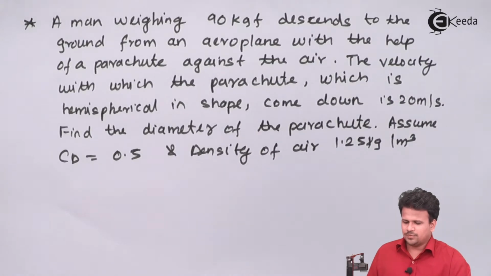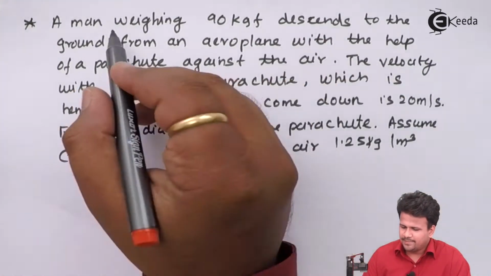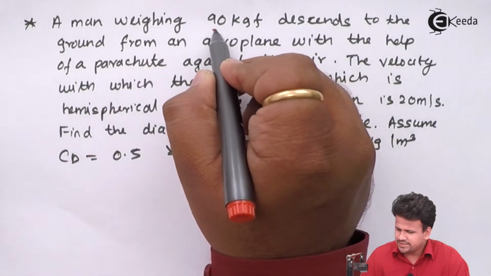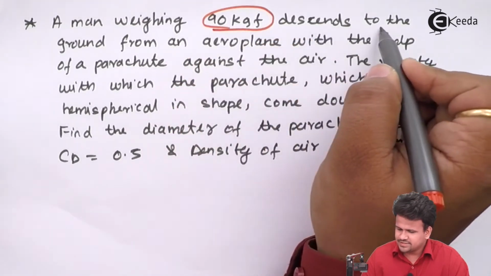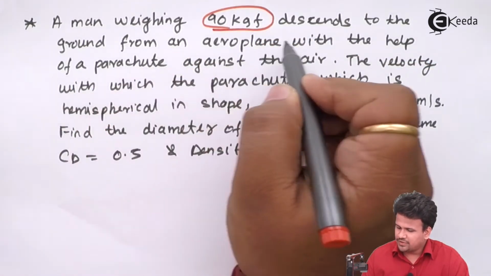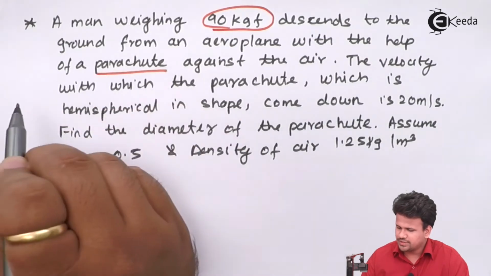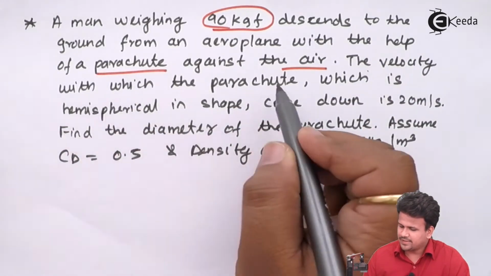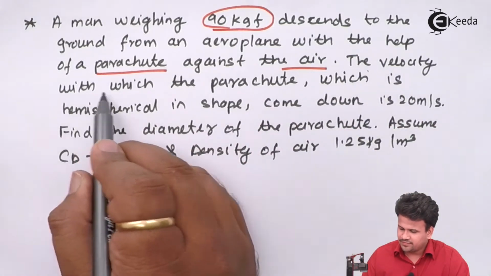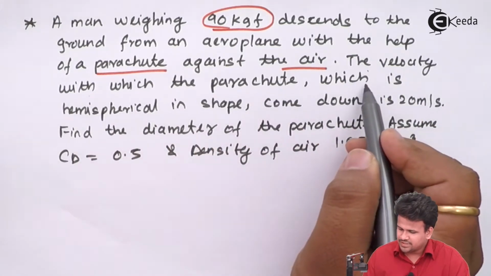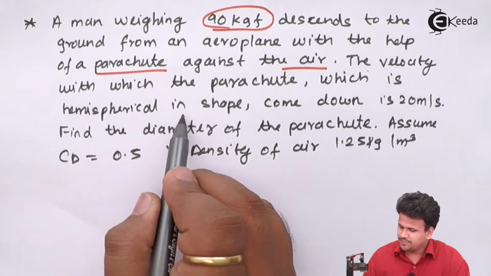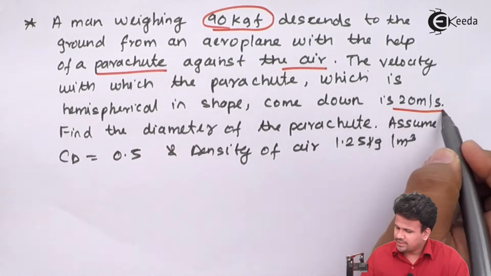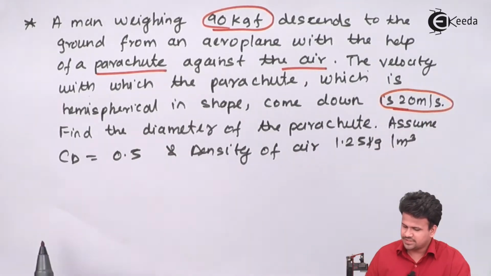So we have a problem over here: a man weighing 90 kg descends down to the ground from an aeroplane with the help of a parachute against the air. The velocity with which the parachute, which is hemispherical in shape, comes down is 20 meters per second.